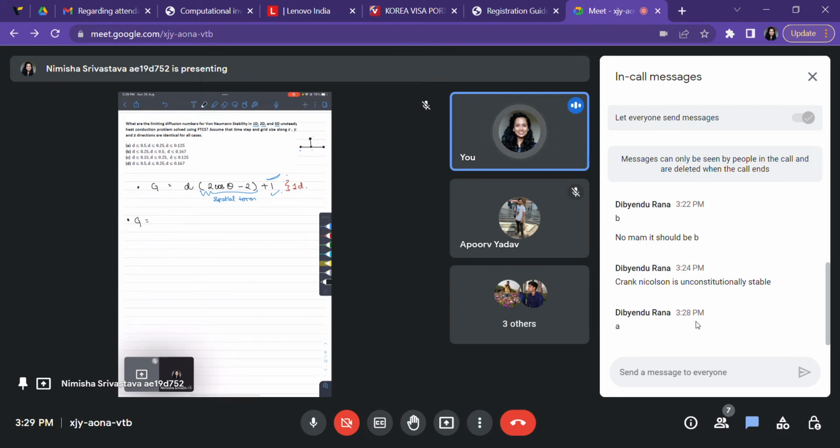In the unsteady heat conduction problem using FTCS, assume that the time step and grid size along x, y, and z directions are identical for all cases. That is basically what they're telling me.